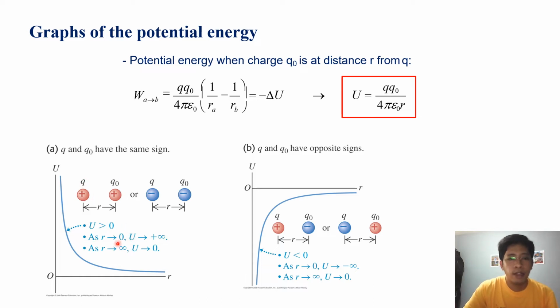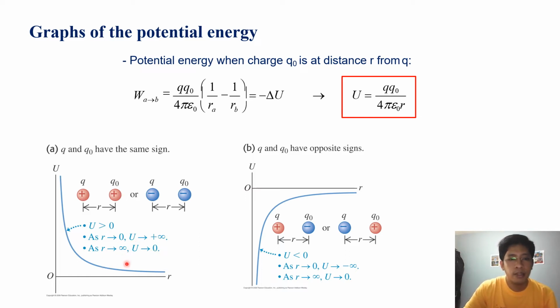And as r approaches zero, that is, as the distance between the 2 point charges becomes smaller and smaller, the potential energy approaches positive infinity.